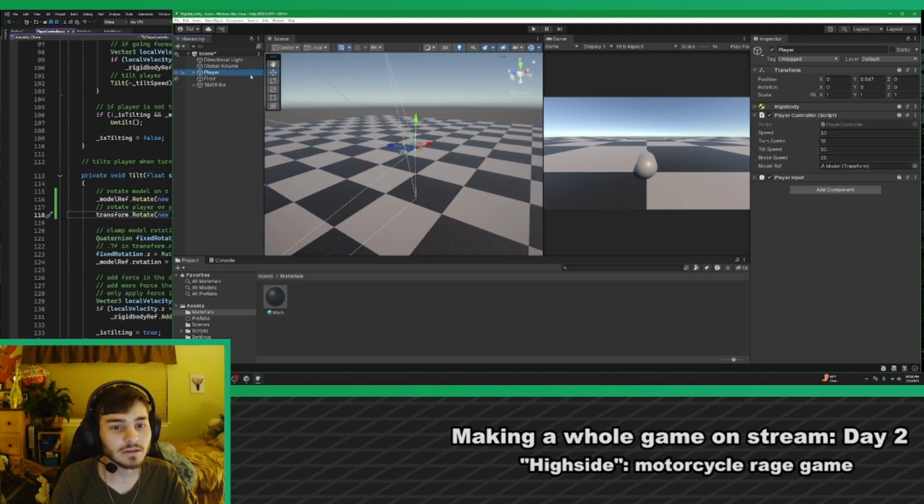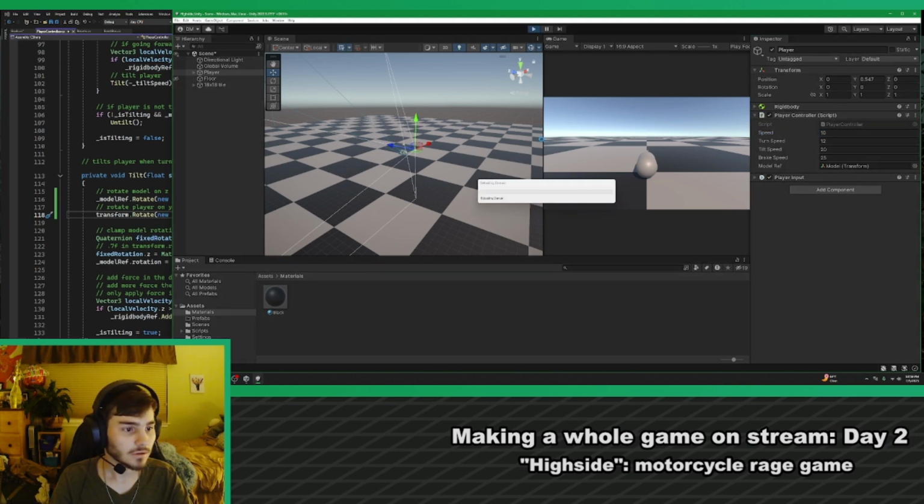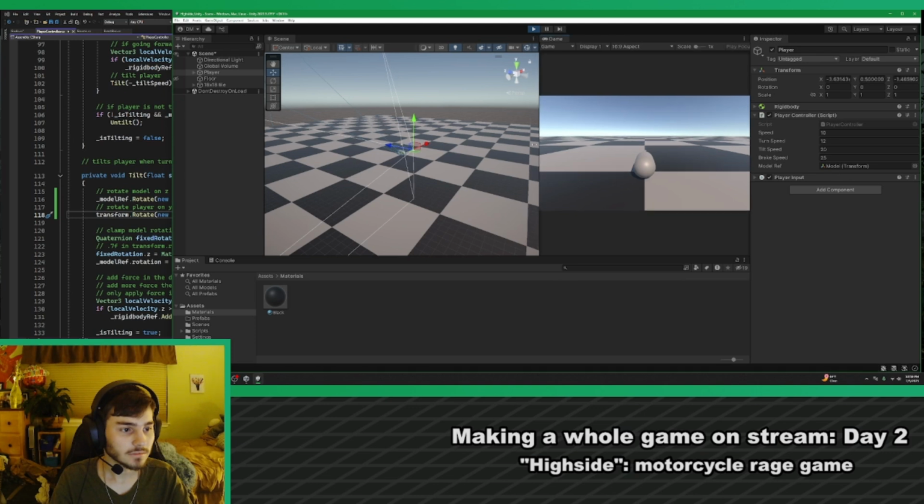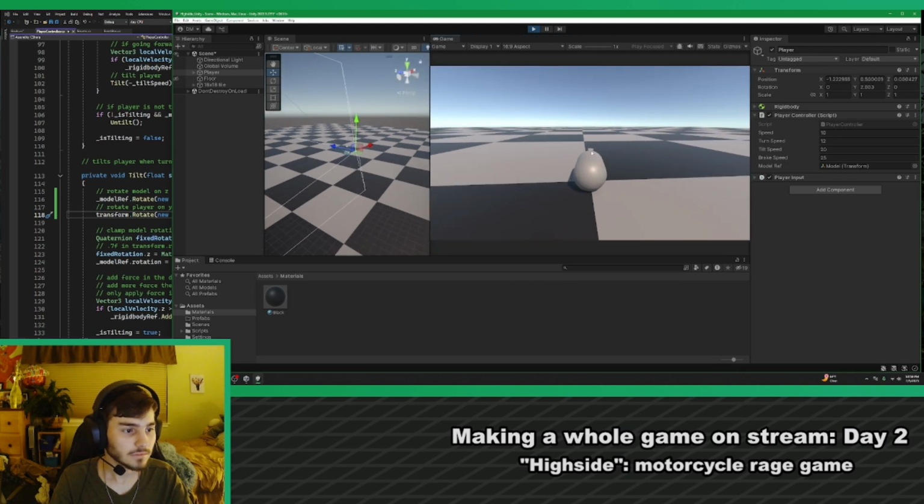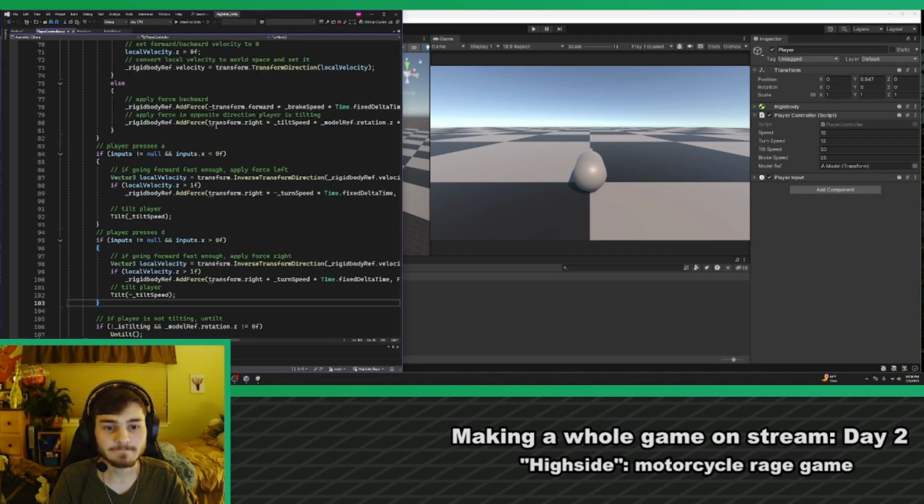I think we need to make it turn a little bit faster. And obviously its speed itself needs to be slower. Why did I... no, it's... Why is that?